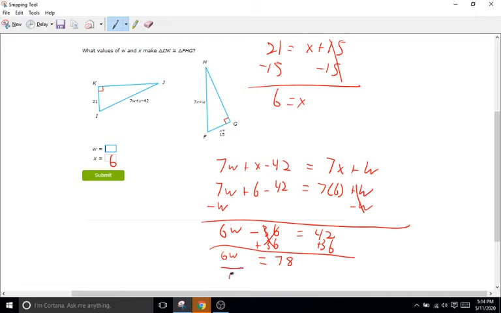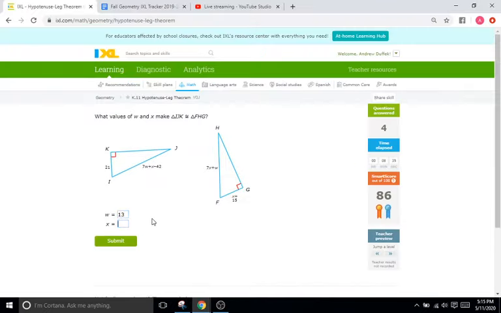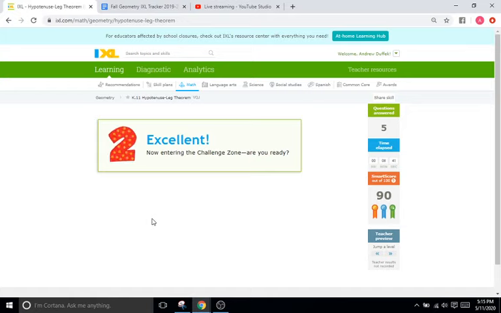So to get w by itself, we'll now divide both sides by 6. So w equals, and what is 78 divided by 6? That is going to be 13. So w is 13. Okay, so w is 13 and x is 6. If you needed to check your work, you could just plug these in and make sure they come out the same.